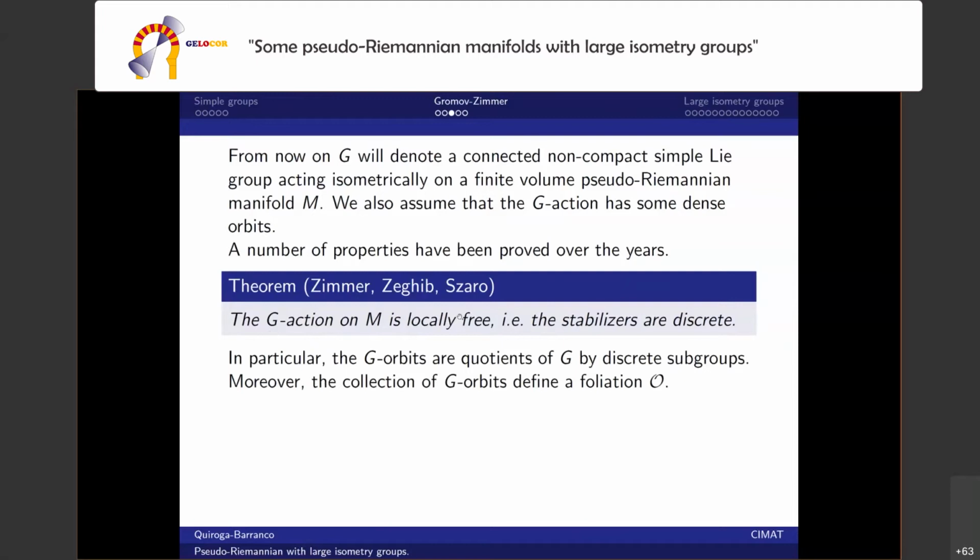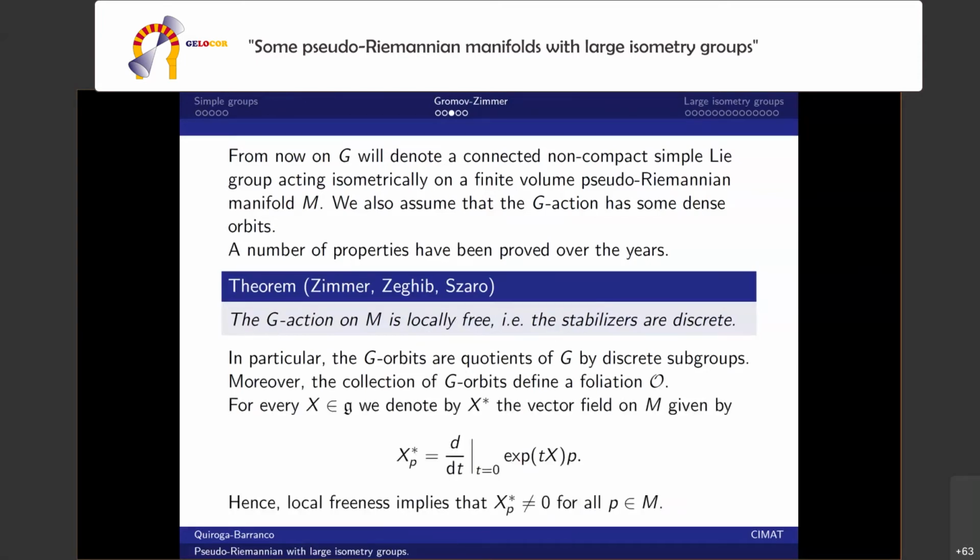Of course, once you have local freeness, you have a foliation by the G orbits. And this is telling you something about the manifold. It has to have a foliation that involves the whole group. Some notation here.